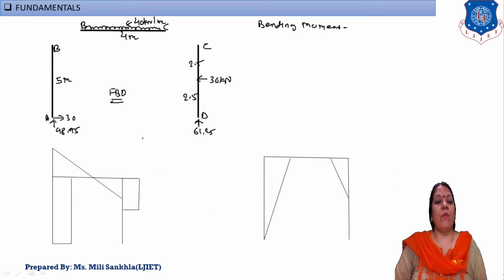Here I take one point A. Now 98.75 is in up direction, so at B balance by 98.75 in down direction. Now my member AB is balanced by vertical force. 30 acts in right direction, so here I mention this 30 in left. Look at this, member AB is balanced by horizontal and vertical.